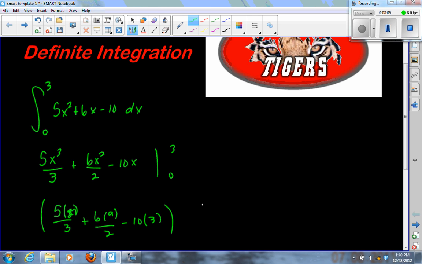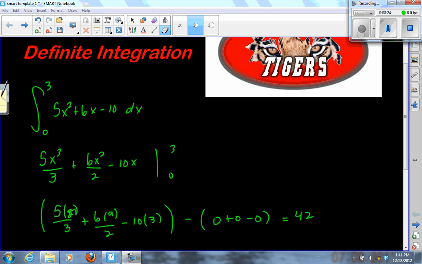There's what you get when you plug in your upper bound, minus you plug in your zeros here, 0 and 0 and 0, to plug in your lower bound. And so you just evaluate these 3 to get your answer, which is 42.